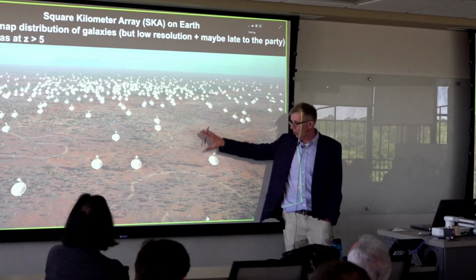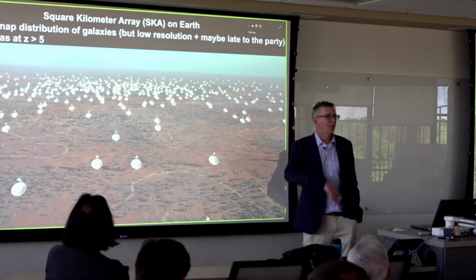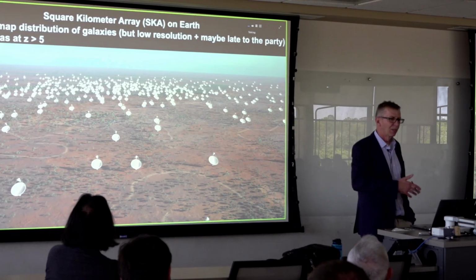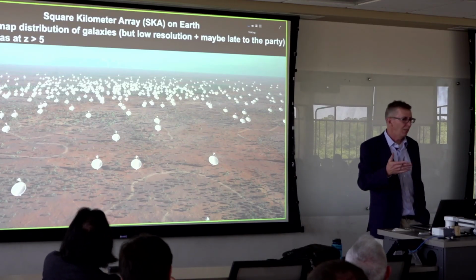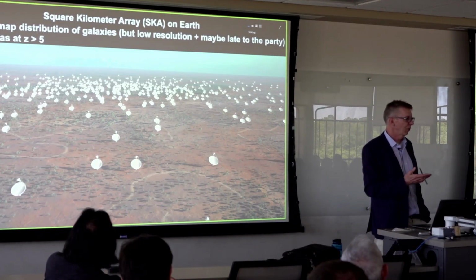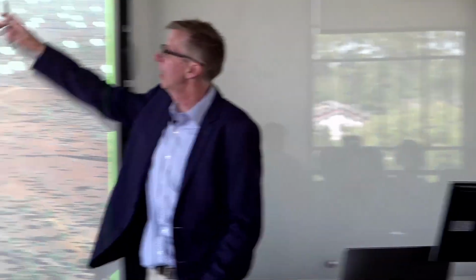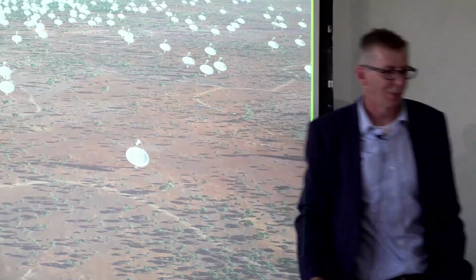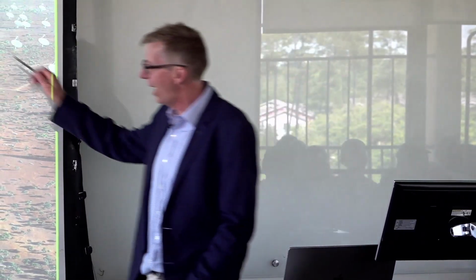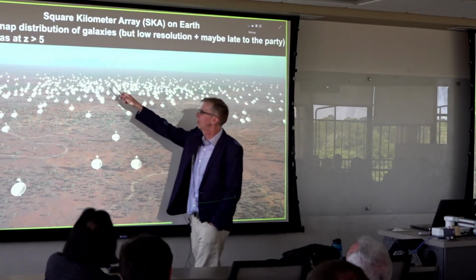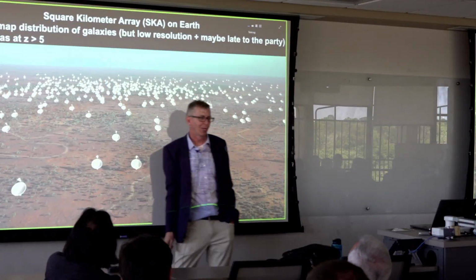But this is a whole radio survey that's meant to be mapping hydrogen gas. It would see all of the galaxies that we're seeing with these optical redshift space maps, although that part of the project, I claim, might not be as interesting if we've already mapped them, because once you map it, you're kind of done. But this project would also be able to map the hydrogen gas out beyond redshifts of 5 and 10.